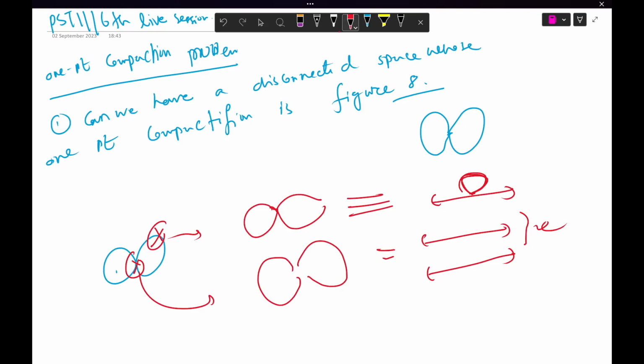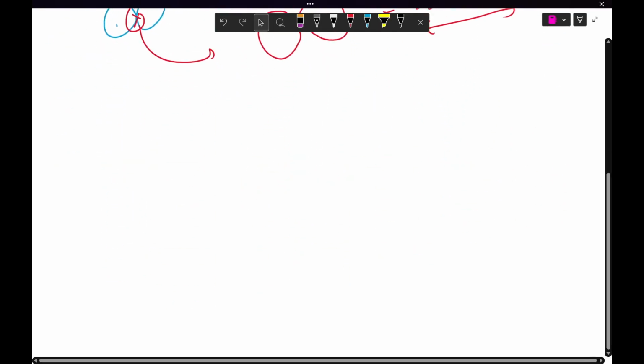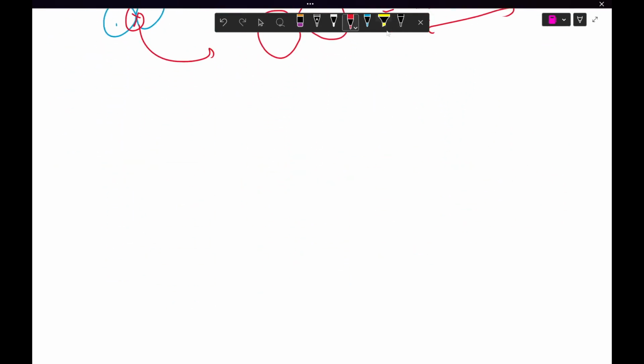Mind that this space has two components. Okay. So consider the next problem.